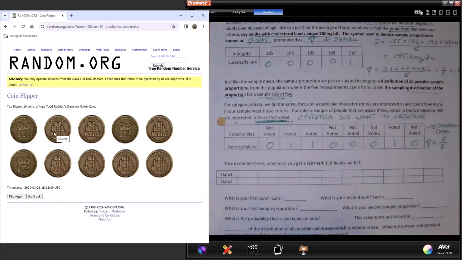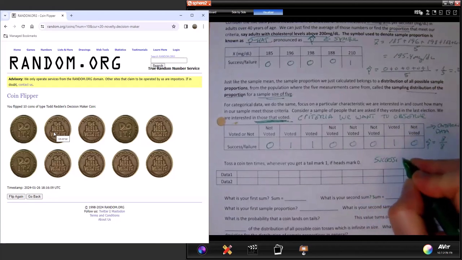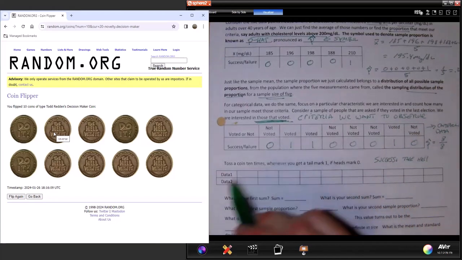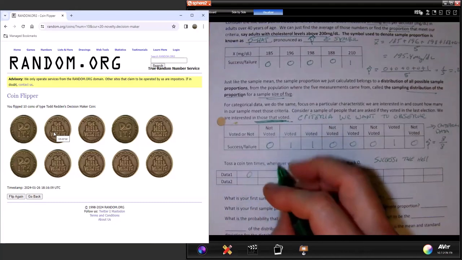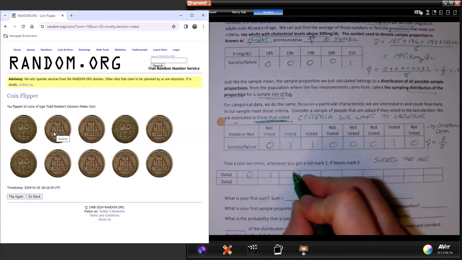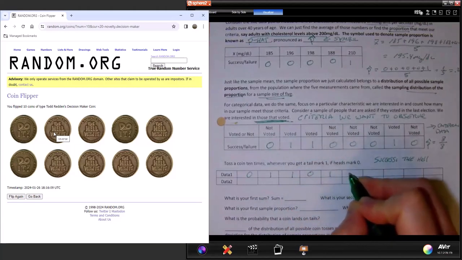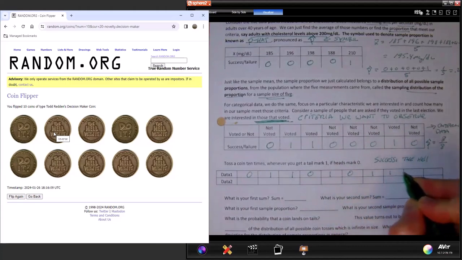If that's the case, looks like success is going to be the hell with it. Keeping that in mind, I look at my first coin up there, and that's a failure. Then success, success, failure, success, failure, success, success, success, success.